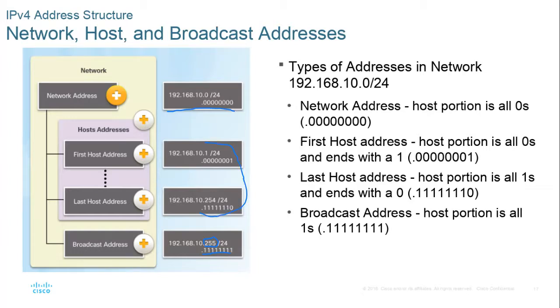So I've got 254 possible values that I could legally use to assign to a host workstation, from .1, .2, .3, all the way to 254. So in every range of IP addresses, we always lose 2 addresses. The all zeros value is reserved for the network identity, and the all ones value is reserved for the broadcast function.